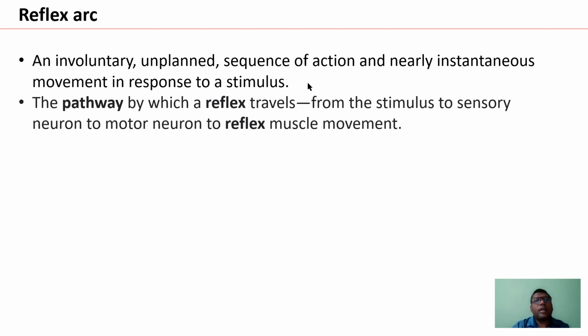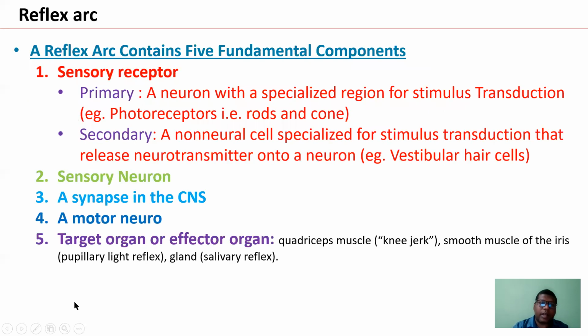That is a reflex arc. The reflex arc is the pathway by which a reflex travels from the stimulus to the sensory neuron, to the motor neuron, to reflex muscle movement.